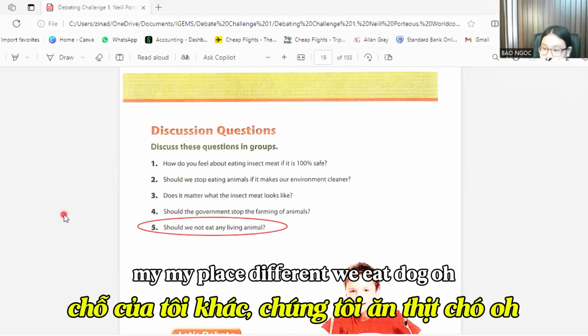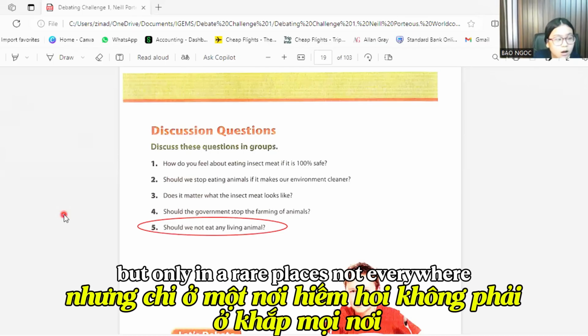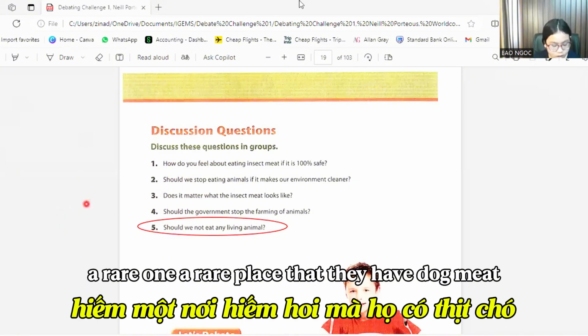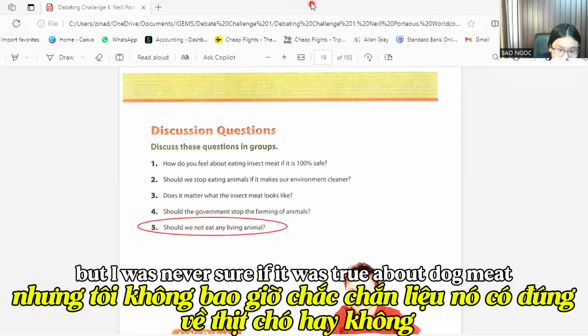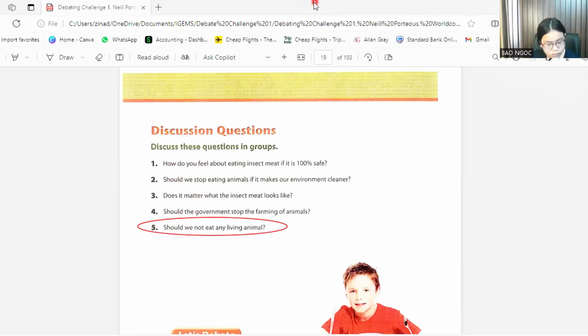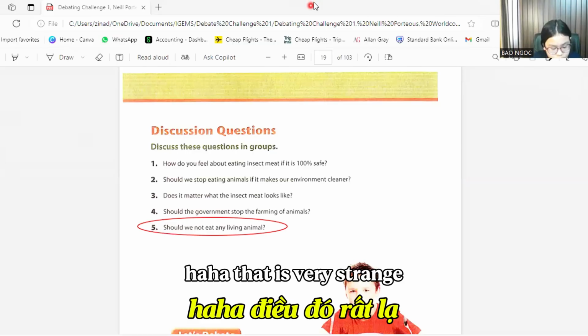We eat dog, but only in rare places, not everywhere. A rare place that has dog meat. Oh my goodness. Okay, yes, I've heard of it, but I was never sure if it was true about dog meat. That is very strange.